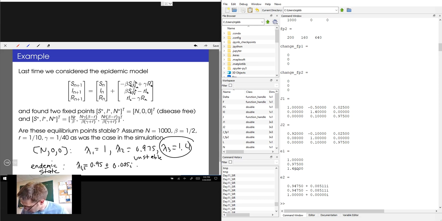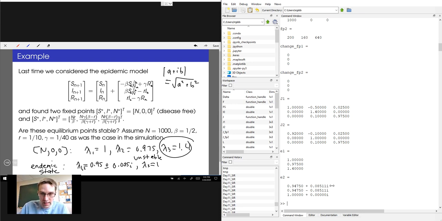And then the last one is lambda 3 equals 1. And you can take absolute values of complex numbers. If you have the number a plus ib, where a is the real part and b is the imaginary part, the absolute value is just the square root of the squares of the two parts.